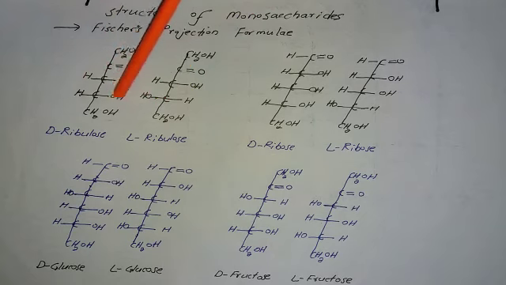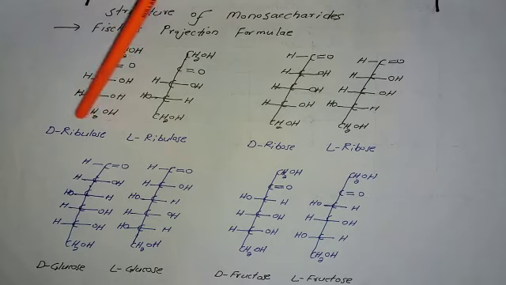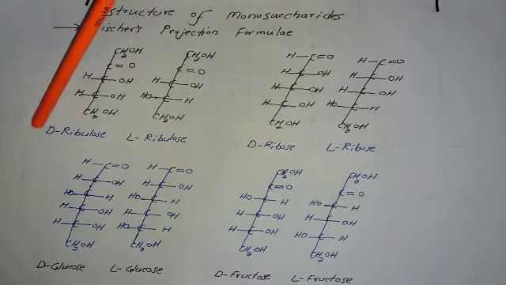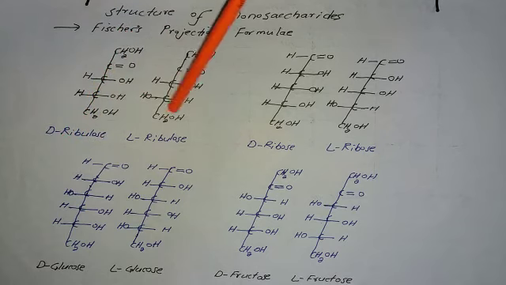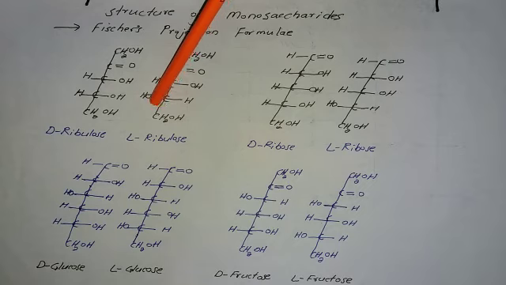In glyceraldehyde, when the hydroxyl group is to the right side, the glyceraldehyde is said to be D-glyceraldehyde. The same case applies here. So this structure is the structure of D-ribulose, where the hydroxyl group is attached to the carbon atom which is farthest from the carbonyl group.